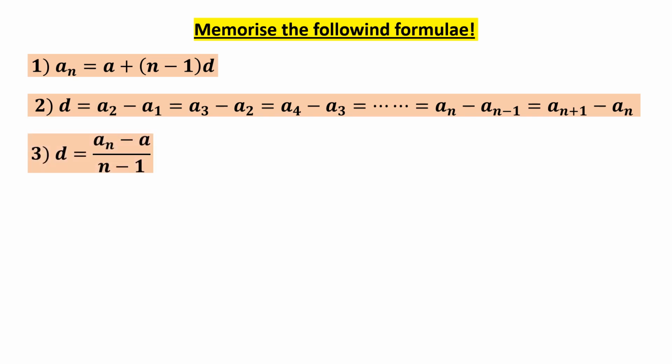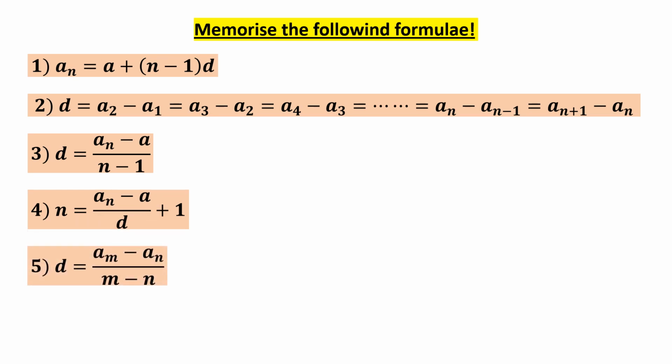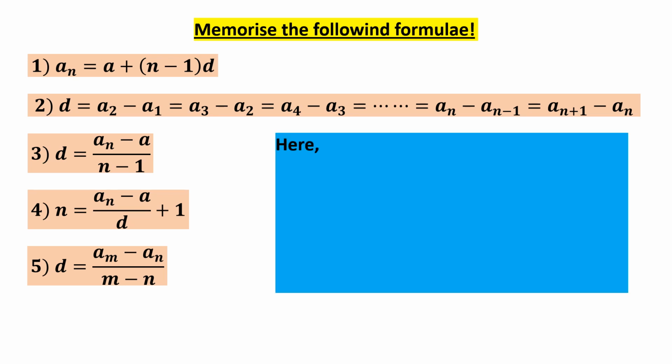Third formula, d equals an minus a whole divided by n minus 1. Fourth formula, n equals an minus a whole divided by d plus 1. Fifth one, d equals am minus an whole divided by m minus n.